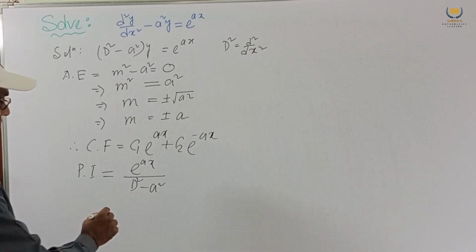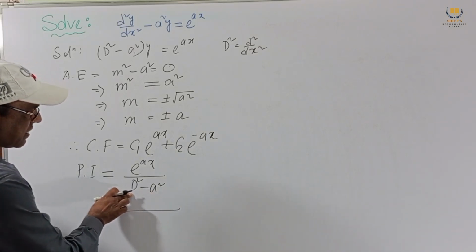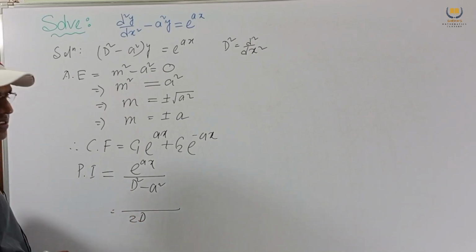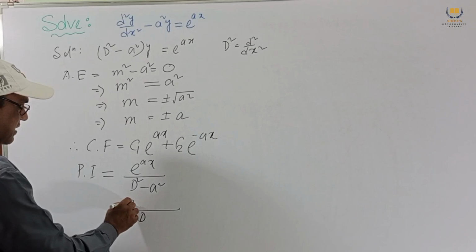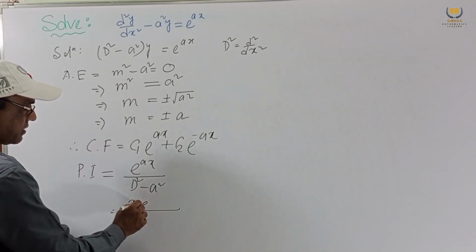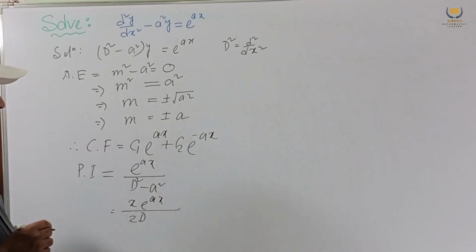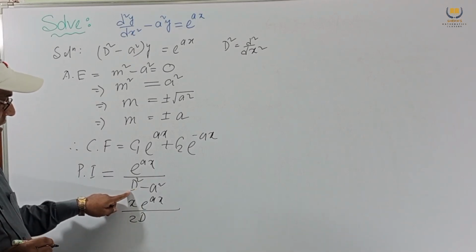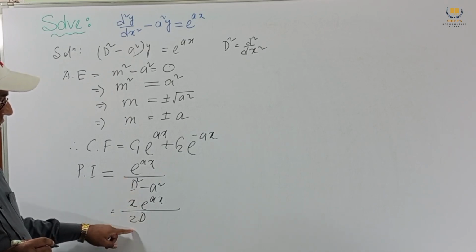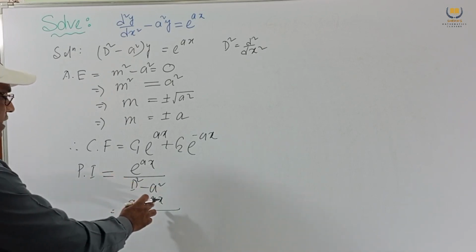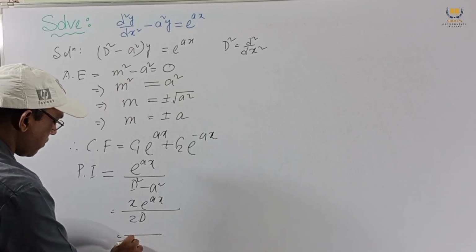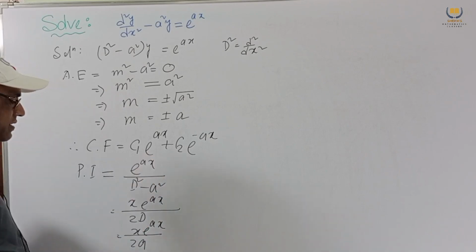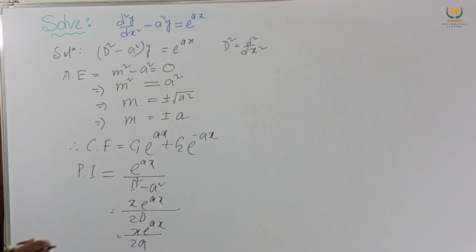If denominator is 0, then we differentiate this with respect to D. If we differentiate, we get 2D, and multiplying x in numerator. When you multiply numerator by x, then we differentiate the denominator, D square, we get 2D, and this is constant 0. Now putting a here, x e to the power ax by 2a, we get this particular integral.